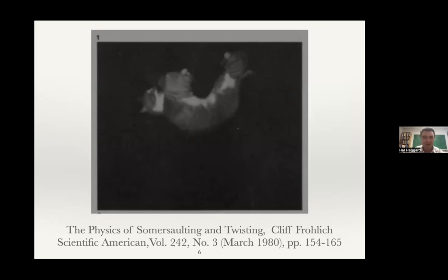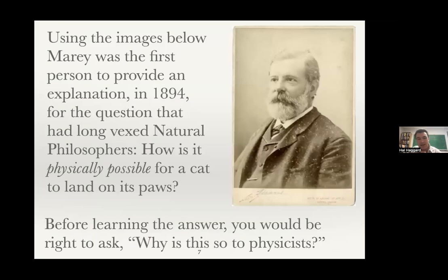What is this about? And there's a beautiful experiment that was done in the late 1800s. So Maxwell and many other physicists of the time had thought a lot about this cat question of how does the cat land on its feet? And in fact, Marey was one of the first inventors of photographic techniques.